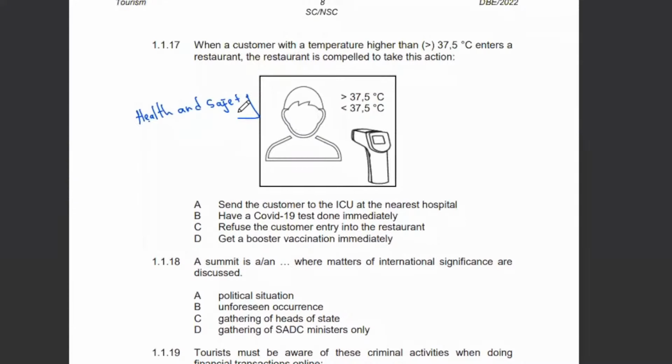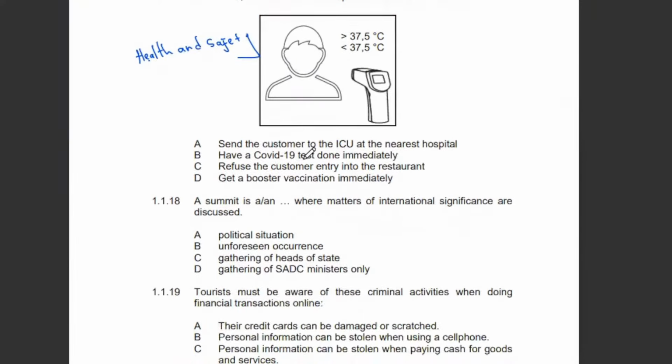Usually this applied to the period when we were under lockdown or seriously affected by COVID-19. So we have several options.